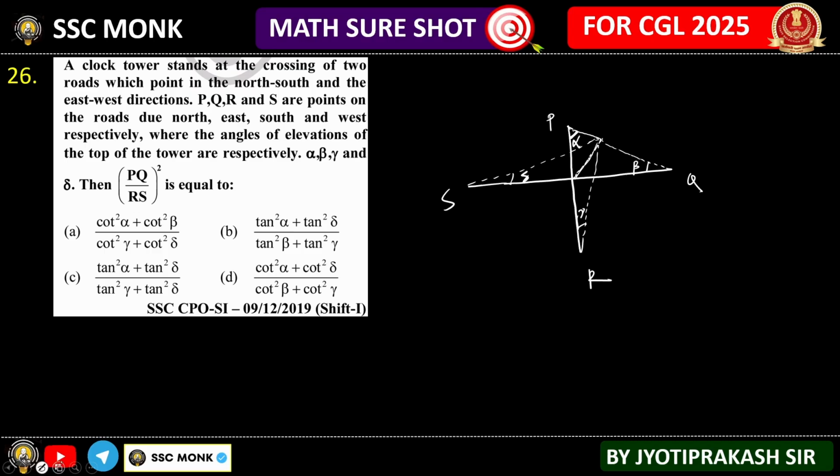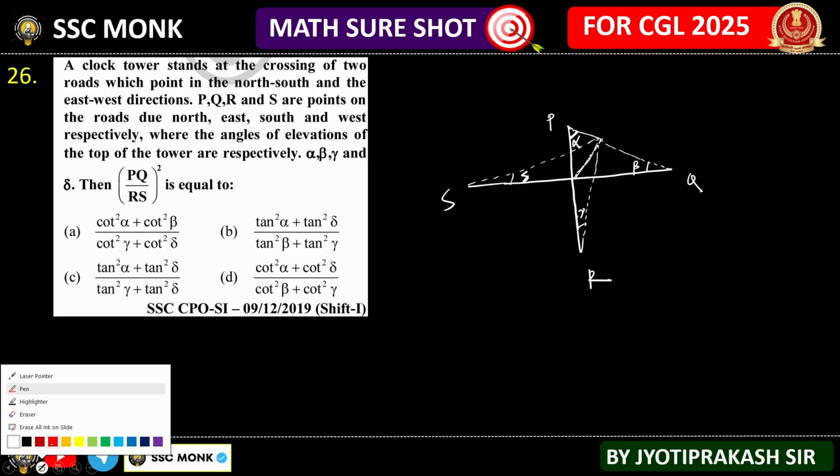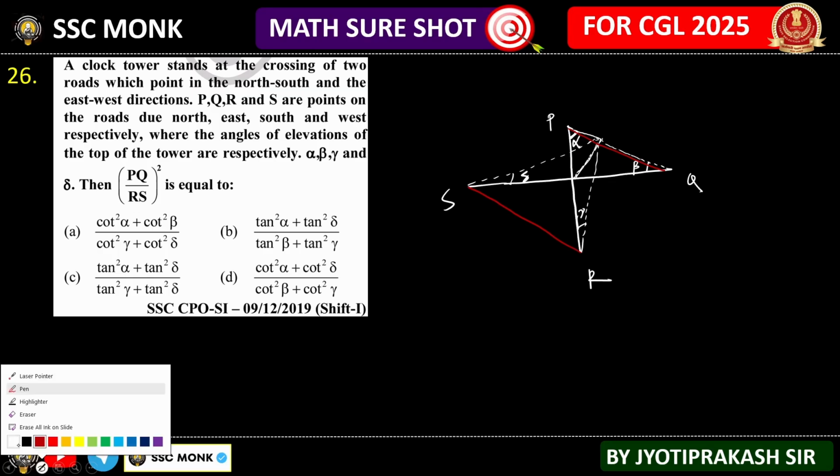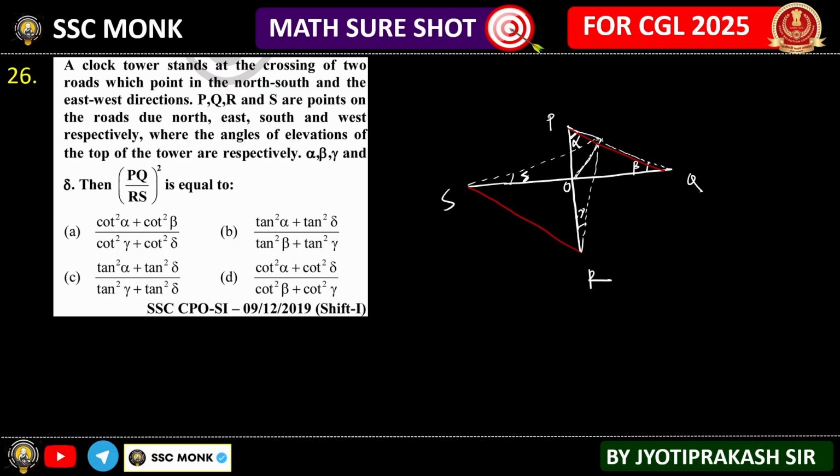So let me change the color. First, let's choose red. It is asking about the value of PQ square to RS square. This is what it is asking. Clear? Now let's solve this. This is a very good question. Let's say this point is equal to O, and the top of the tower is equal to A. So tan alpha is equal to AO divided by OP.